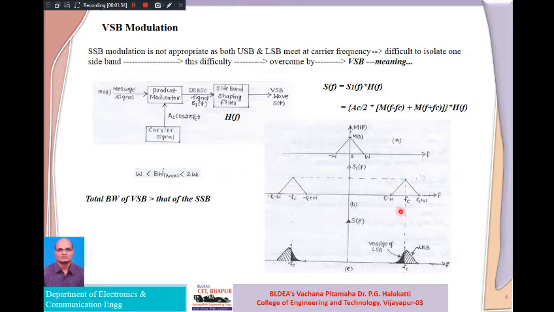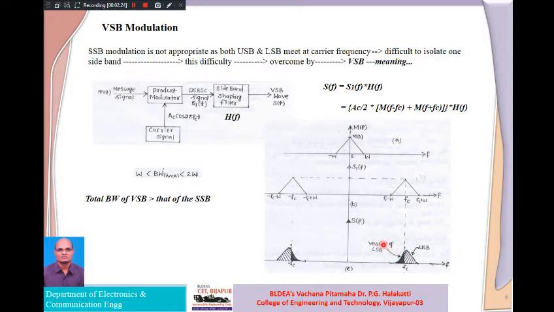So what we did, instead of focusing on completely isolating either the upper or lower sideband with respect to FC, some portion has been left out just beyond FC, this side or that side. That is known as a vestigial part, maybe 20 to 25% is left, so that can be carried as SSB itself along with some partial portion of the other sideband.